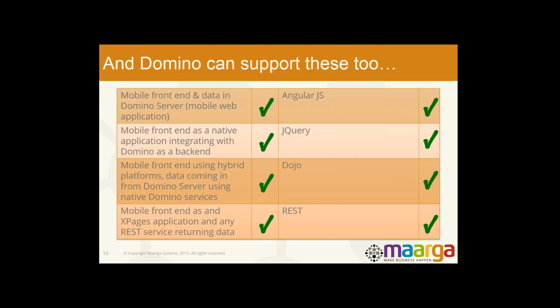For example, Domino today supports AngularJS, jQuery, Dojo, REST as an API. So you could actually have your Domino data stay and your entire front end developed elsewhere, and both of them talking to each other. It is possible for your mobile front end.